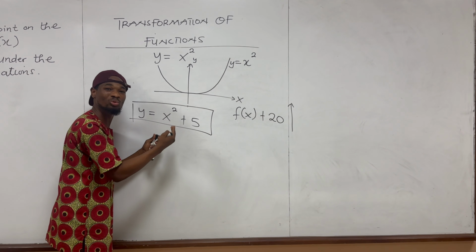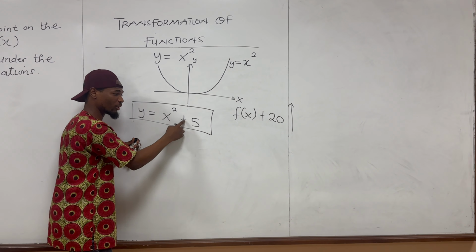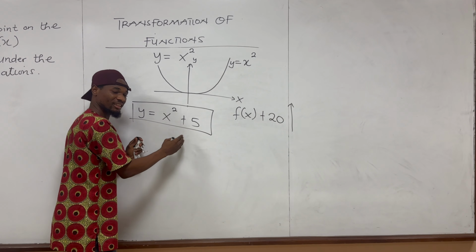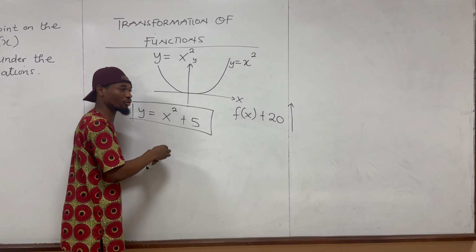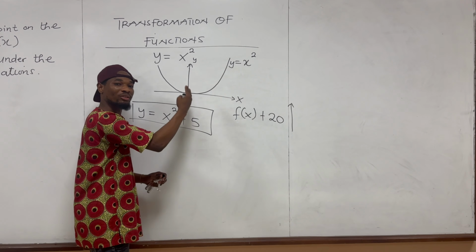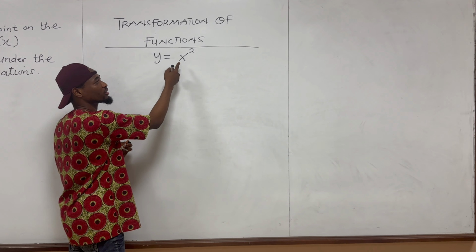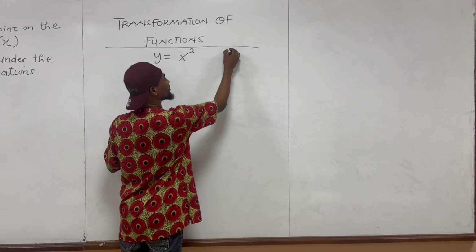So the positive 5 implies that you graph it, then shift the graph vertically upwards by 5 units. Given y equals x squared, we know this will be the graph.